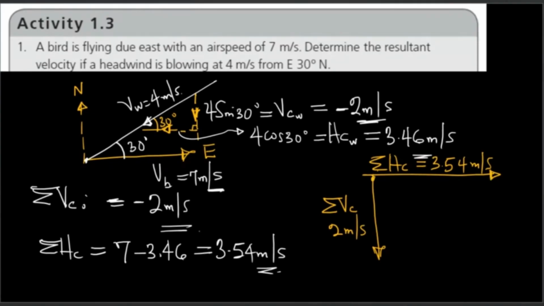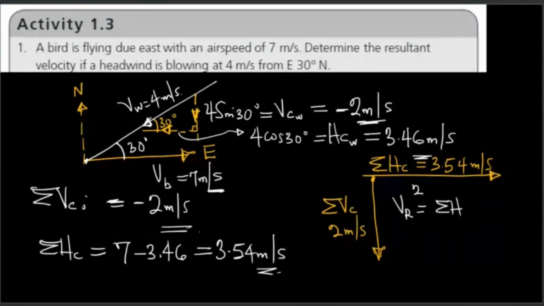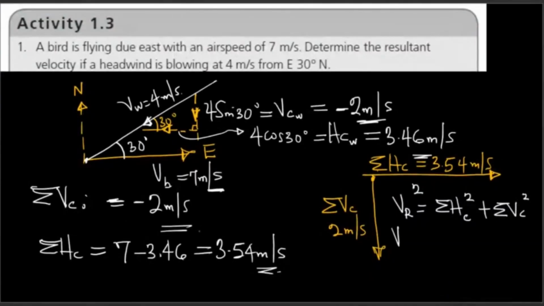So the resultant is going to be the square root of the summation of the horizontal component squared plus the summation of the vertical component squared. The horizontal component is 3.54 squared plus minus 2 squared. So can someone give me the value of the resultant velocity?